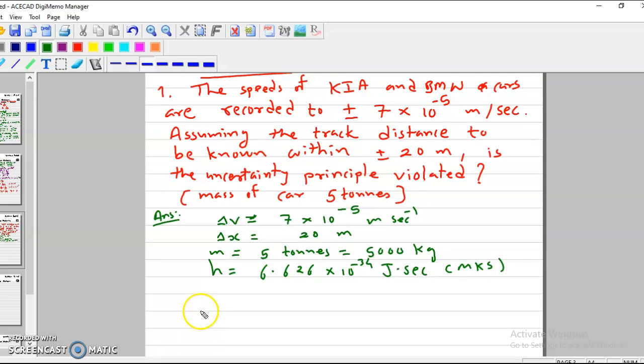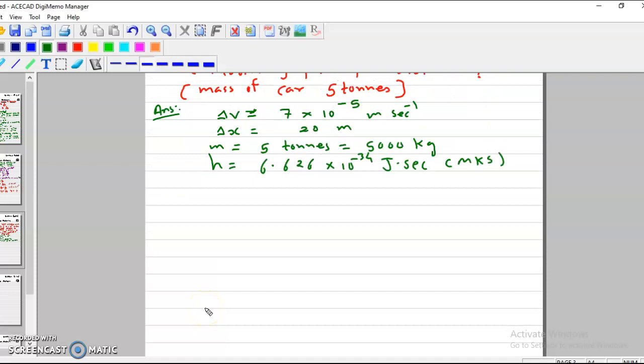First of all, we have to find out which formula we will use. Delta x into m delta v should be greater than or equal to h upon 4 pi. So this is LHS and this is RHS, left hand side and right hand side.